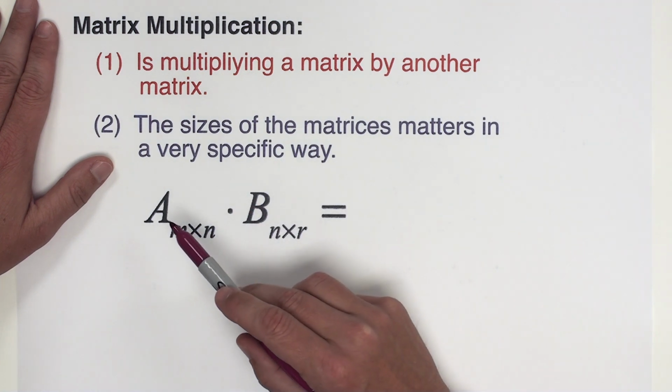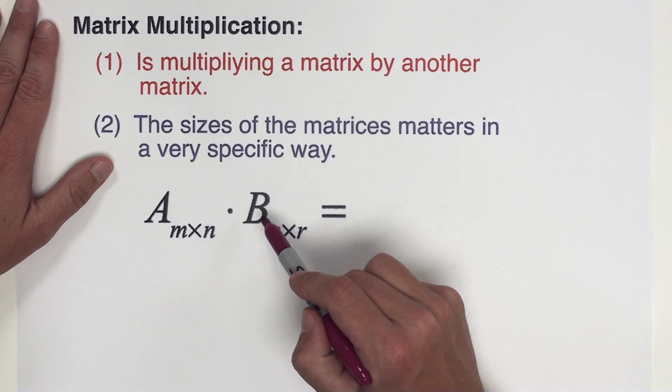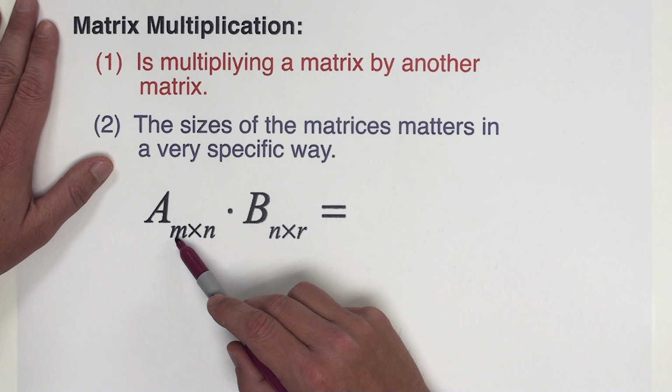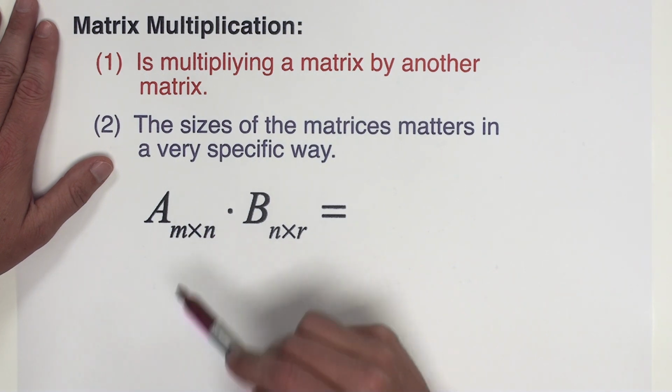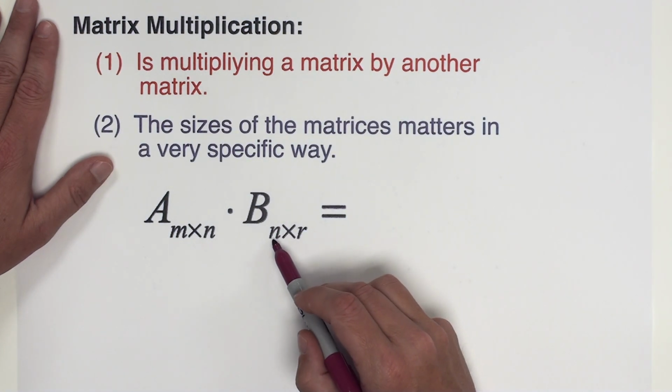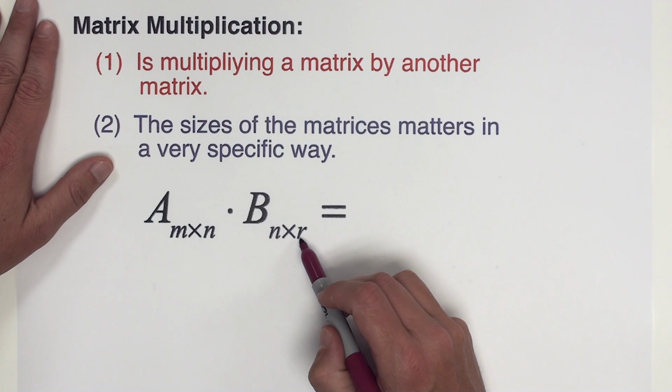Let's say we have two matrices, matrix A and matrix B. Matrix A has a size m by n, so m rows and n columns. Matrix B has n rows and r columns.